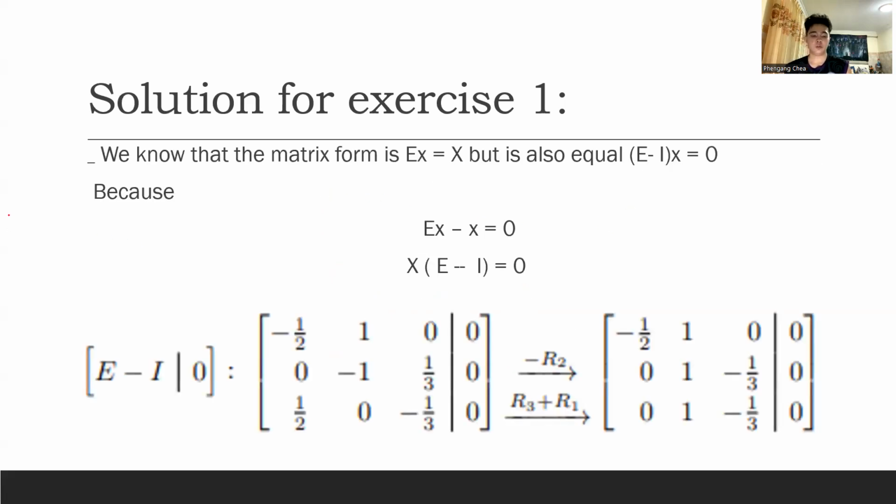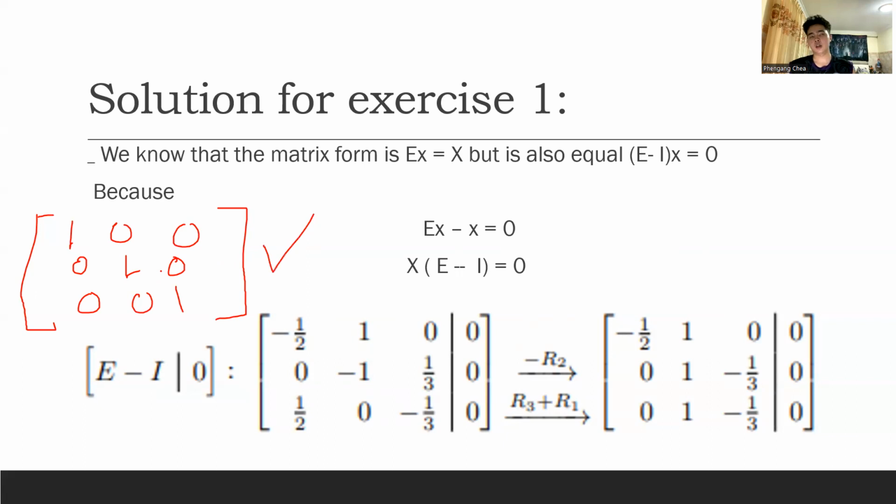So first of all, like we all know, the identity matrix I is 1 0 0, 0 1 0, 0 0 1. Many topics or exercises may not give us this, but we must remember it ourselves.